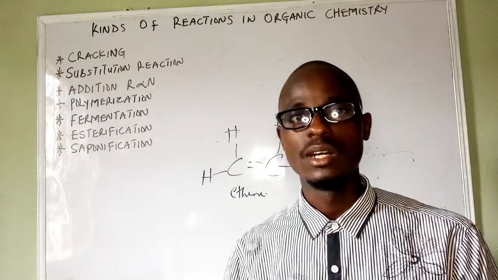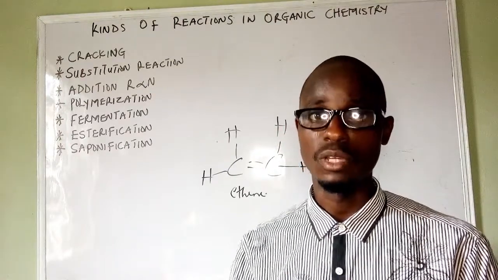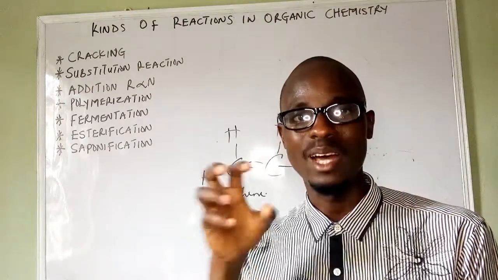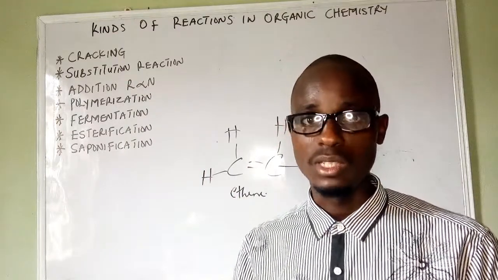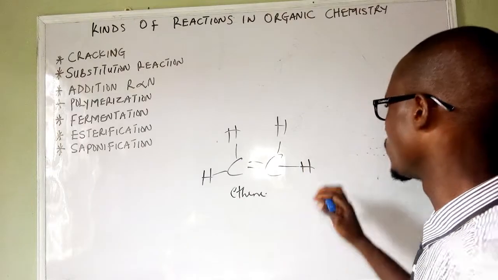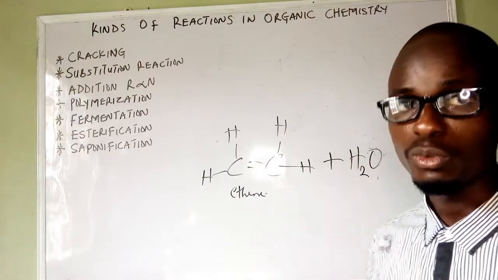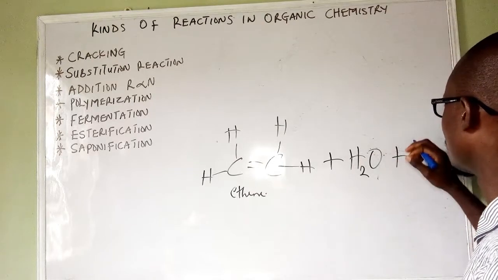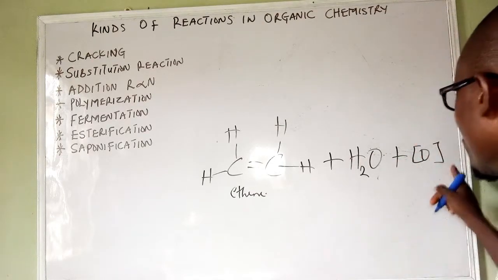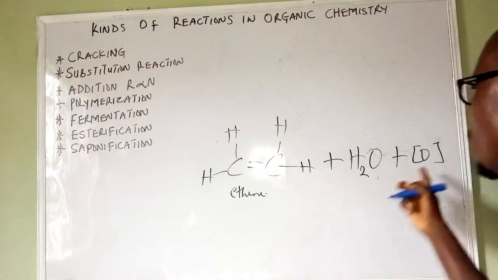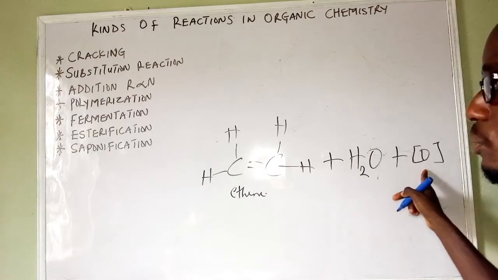So let's consider adding KMnO4, that is, oxygen gotten from KMnO4. So the oxygen will be added to it to form epoxy ethane and so on. So for instance, if I add H2O, okay, I think the KMnO4 is supposed to be diluted. So let me just put this oxygen, because I don't need to write KMnO4 in full, because the oxygen in it is the major concern.